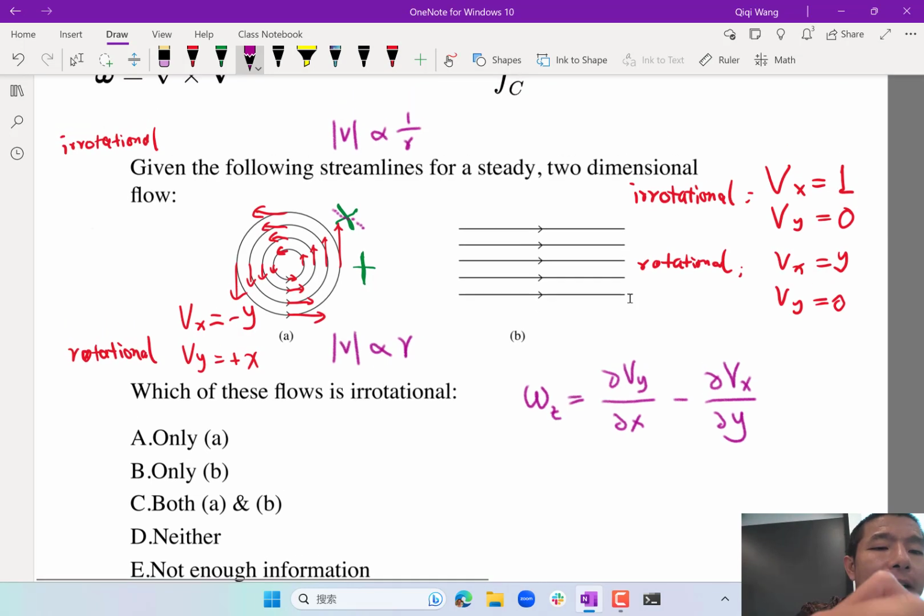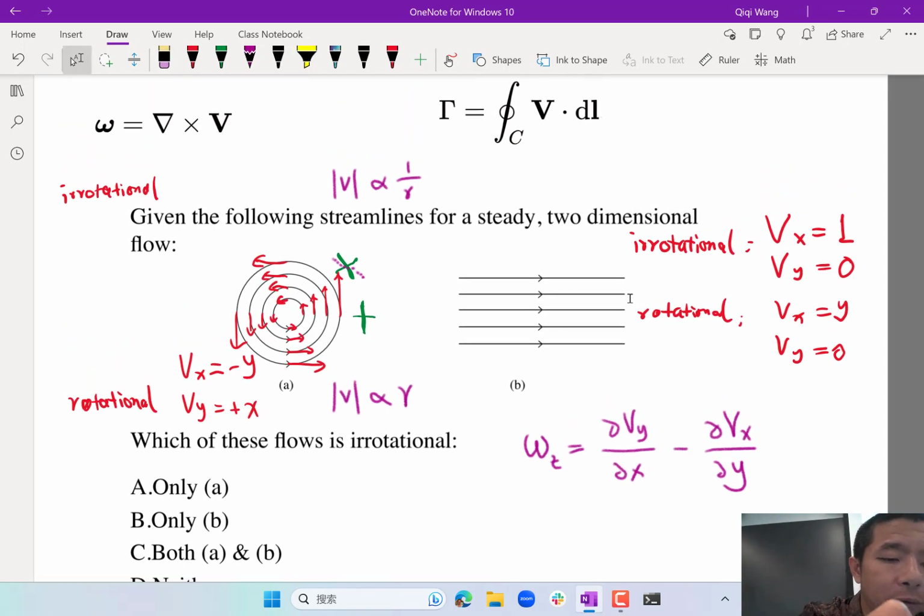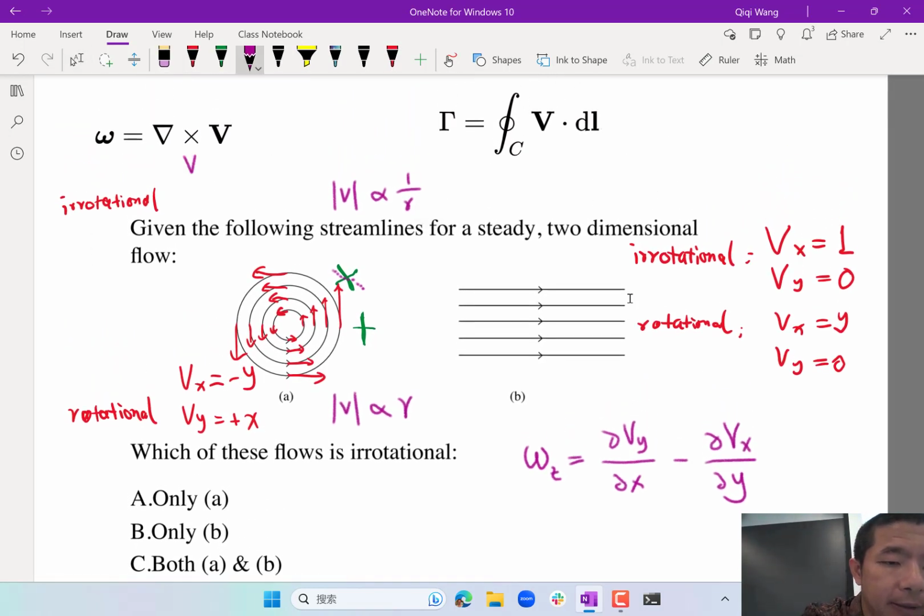If you write it down in Cartesian form, Vx is equal to minus y over x squared plus y squared, and Vy is equal to plus x over x squared plus y squared. So that's an irrotational flow field.